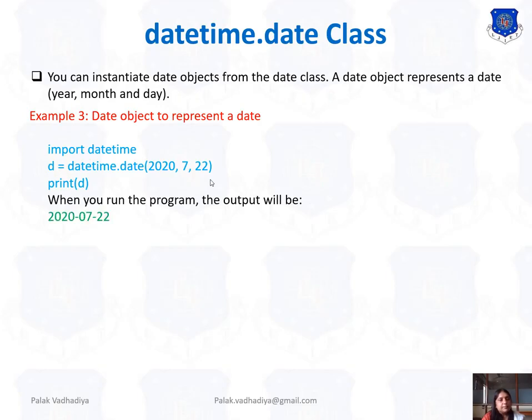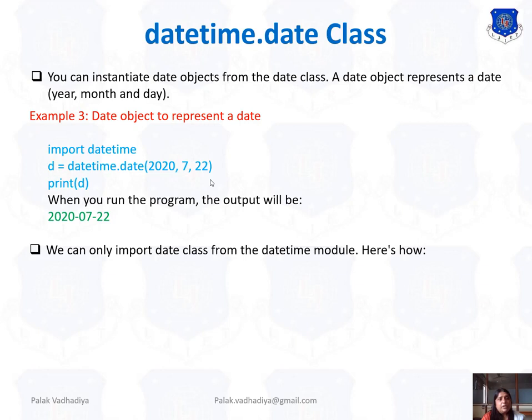Now I can also write the import statement like this: from datetime import date. I want to import only the date class. When I write it this way, I just specify the method and there is no need to specify the class, because I have specified from the module datetime that I want to import the class date. Earlier I imported the module, so I had to specify module dot class.